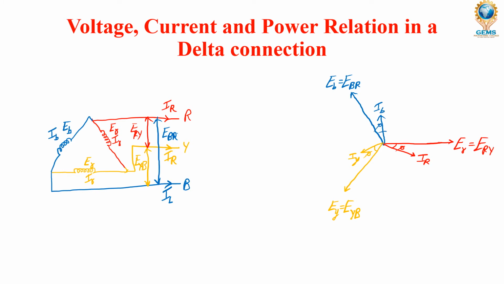Here the mirror current, or you can say opposite current, is IB dash, this is IR dash. Next current is IY dash.